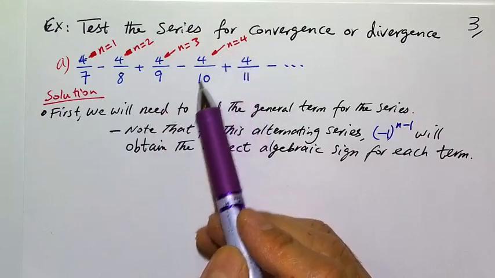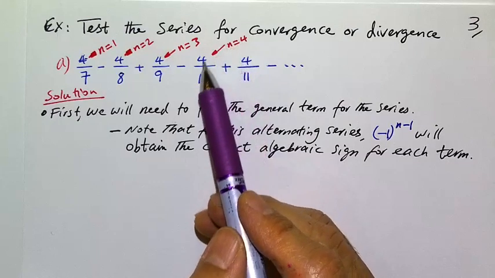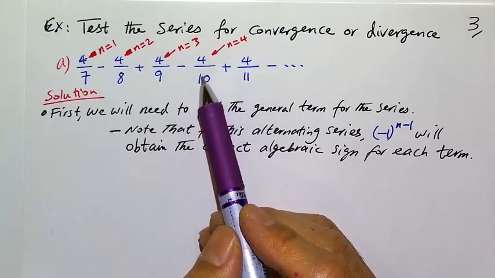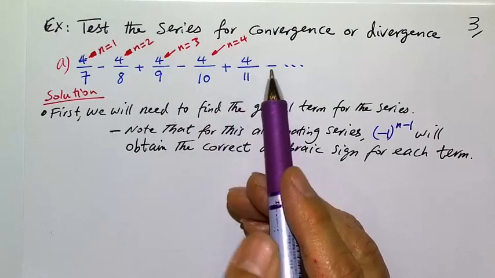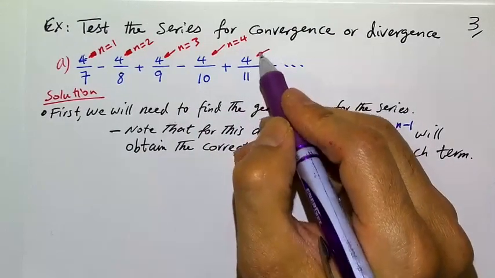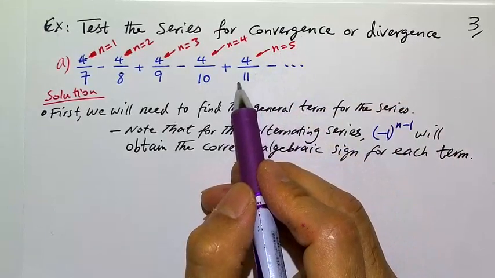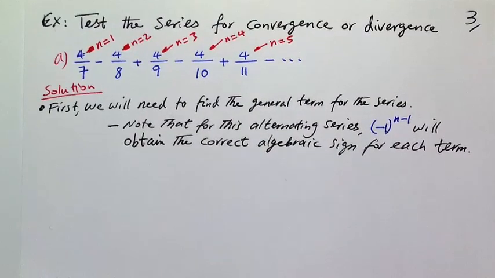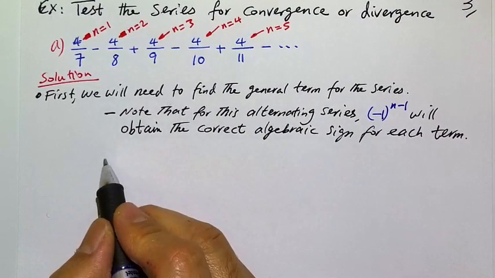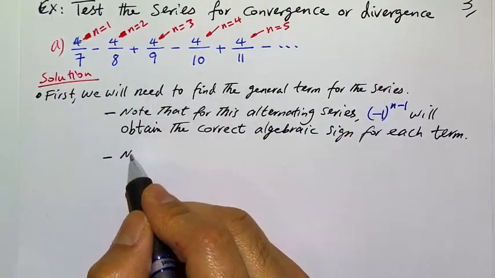It looks like if we add 6 to n, the position of each term, we will get the denominator. So this would be n equals 5, and 6 plus 5 is 11. Let's also write that down, that the denominators can be obtained using n plus 6.